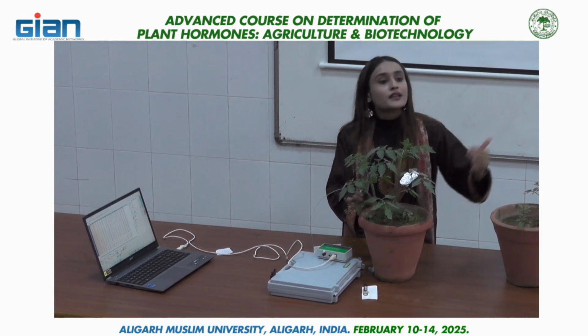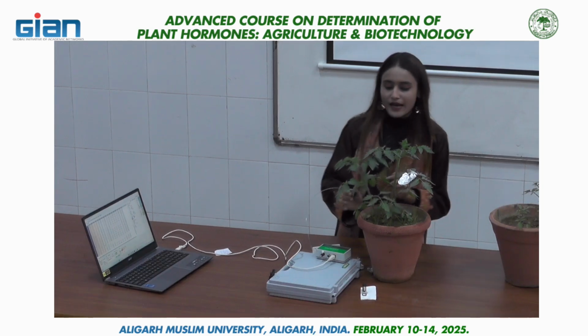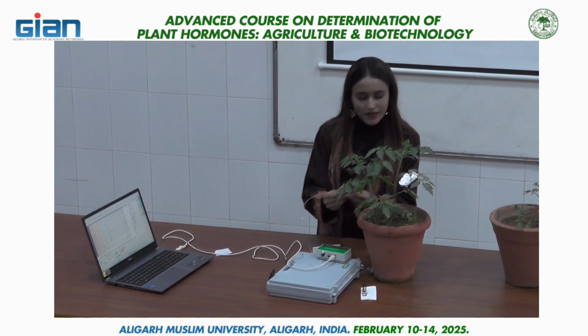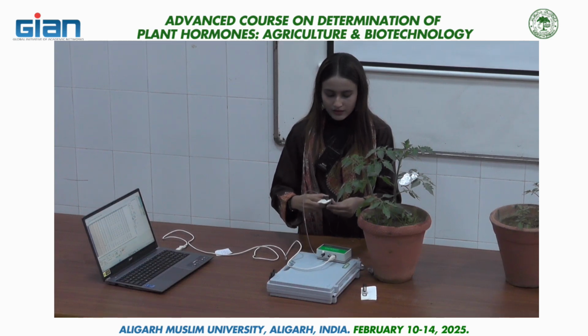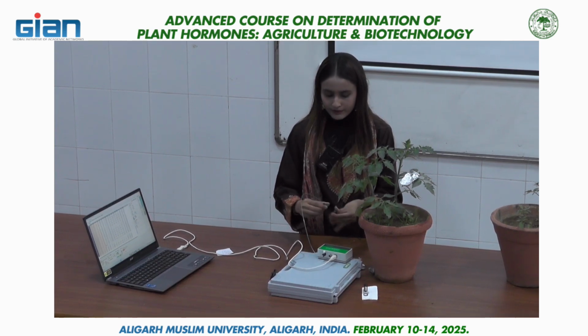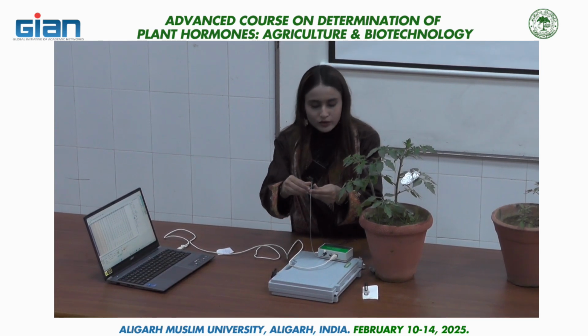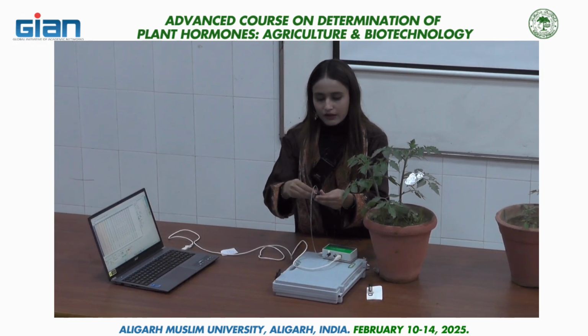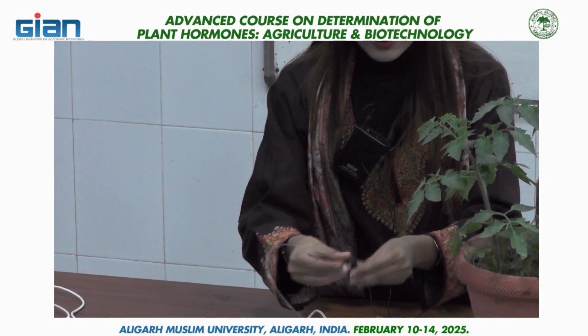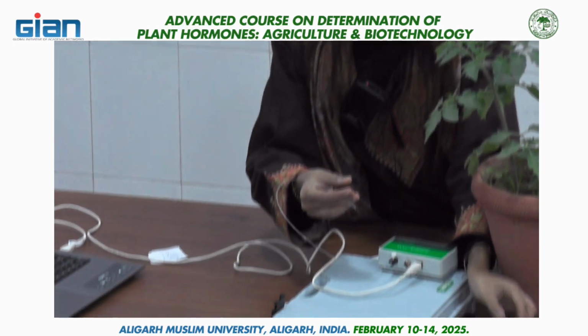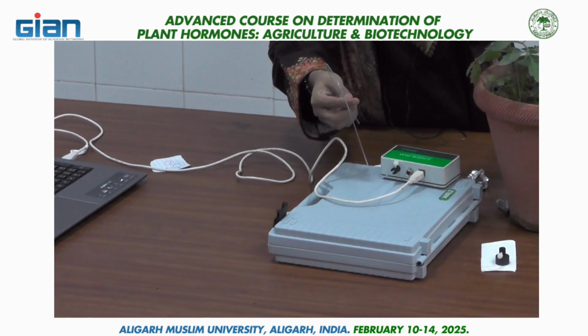Now moving to light adapted samples. What we have to do is take it out, clean it, then take our fiber out from it. Then we have to insert this fiber into this clip.